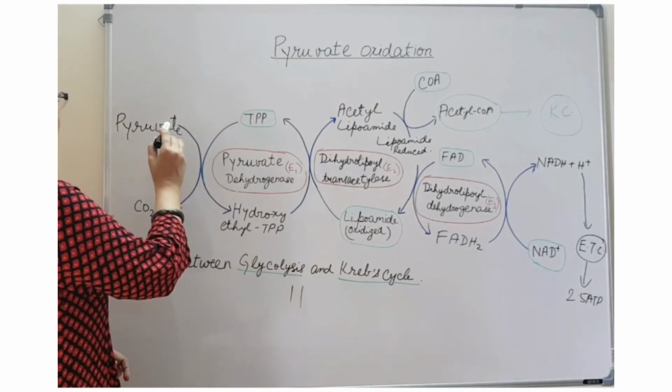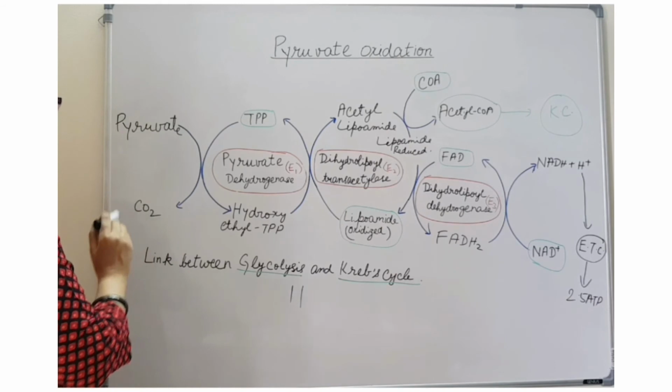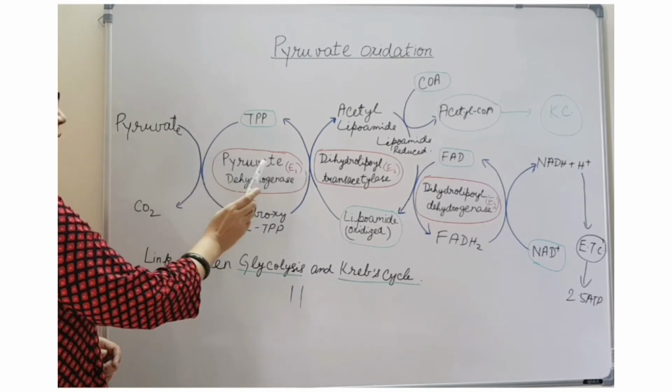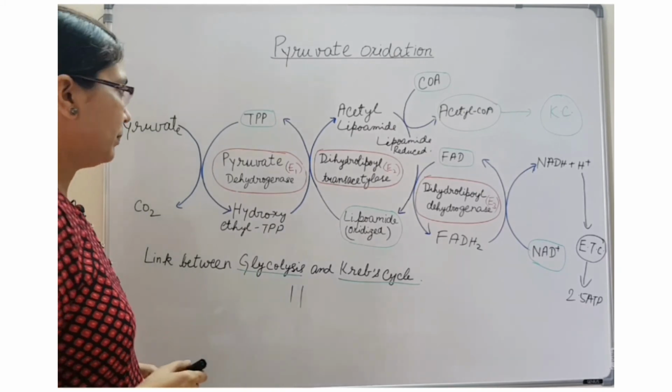Here we see that CO2 is released from pyruvate. That means decarboxylation of pyruvate is taking place. Thus pyruvate dehydrogenase catalyzes the decarboxylation of pyruvate.